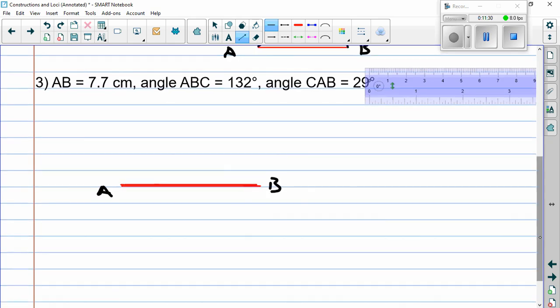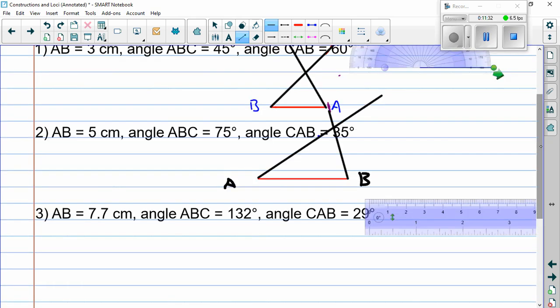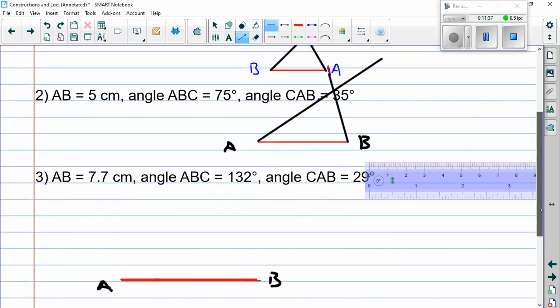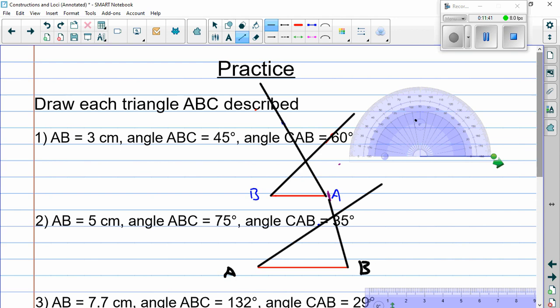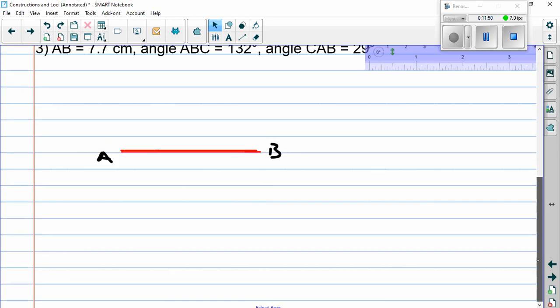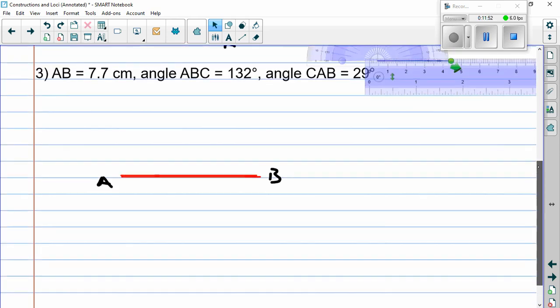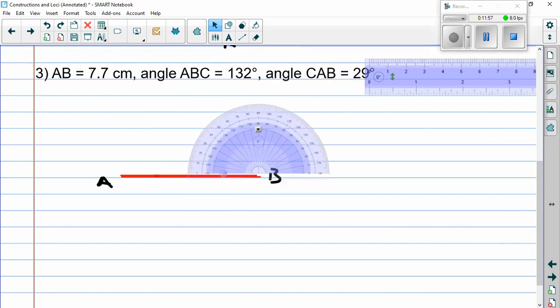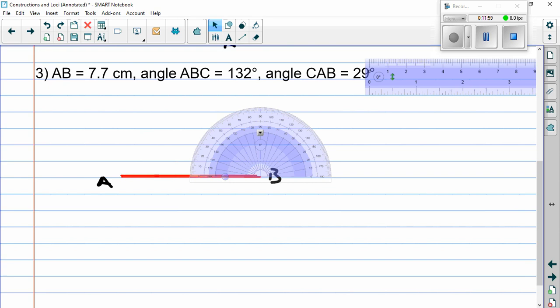And lastly, this one. So first off, let's label our points as usual, A and B on the ends. Then we're going to grab a protractor. I'm going to go up here and grab the one I've already used, just like you would be. Okay, so bring it down. And let's draw our big angle first, why not? So here we have ABC is 132 degrees.